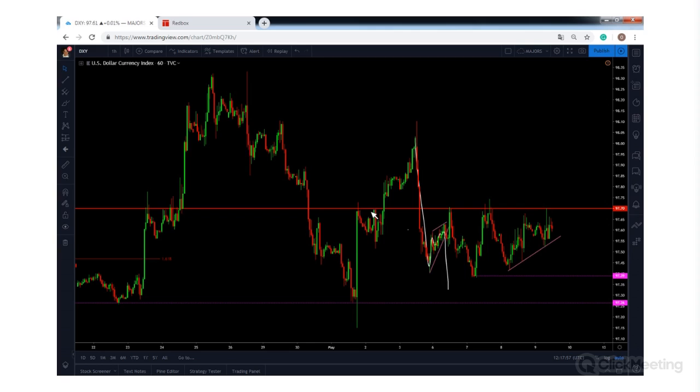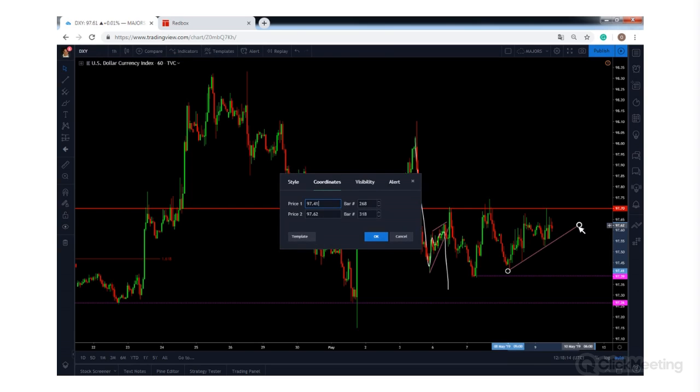It is kind of correlated, okay? This move to the downside is the move that pushed price in gold up, and right now we are clearly in no man's land. So basically, we are flat in gold.